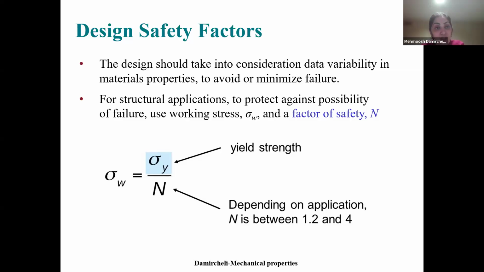Sigma y is yield strength, it depends. Sometimes maybe we consider tensile strength, because being in the plastic region doesn't matter for us, only that it does not fail. So we consider sigma max, or tensile strength, divided by n. It depends on which criteria we are designing by. Okay.